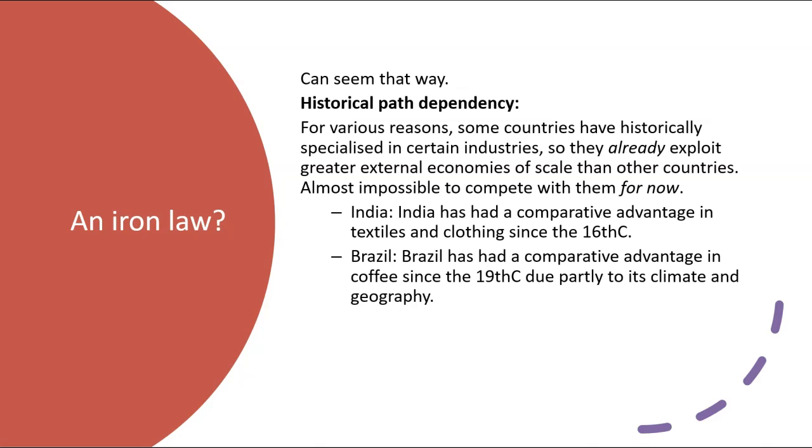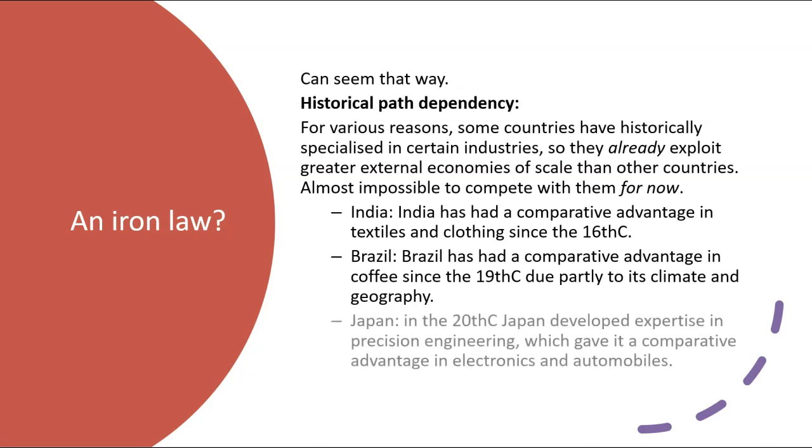Brazil has historically had a comparative advantage in coffee production since the 19th century, due partly to its climate and geography, but also because it could take advantage of the external economies of scale which come with a growing industry over time. And Japan in the 20th century developed expertise in precision engineering that gave it a comparative advantage in electronics and automobiles.